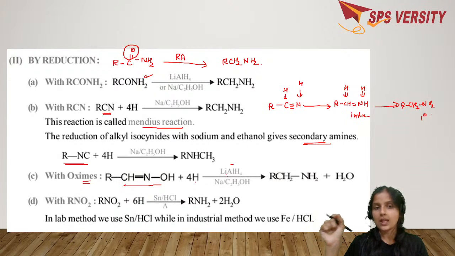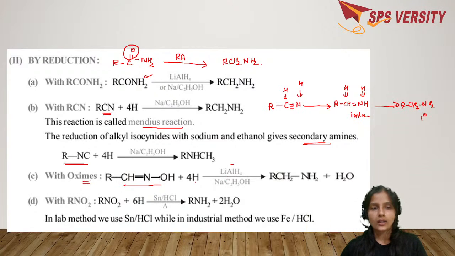So you can make it a point that most of the reactions use the same strong reducing agent. When the oxime is reduced, what are you going to get? First the hydrogens get added and this OH goes, as a result you get CH2NH2 along with the water molecule.